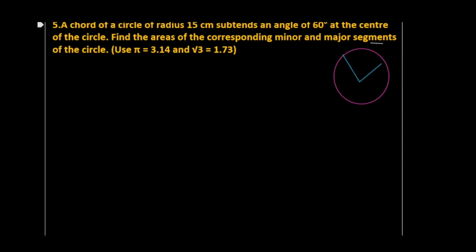A chord is nothing but the line segment joining two points on the circle. If we join these two points, we get a chord. Say the chord name is AB.